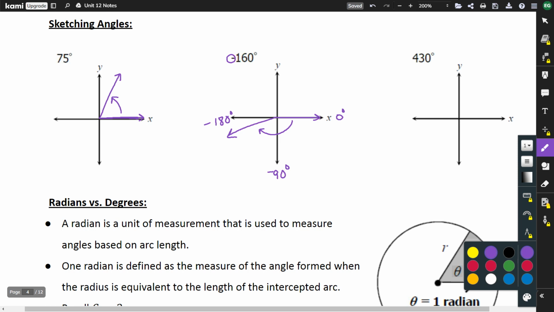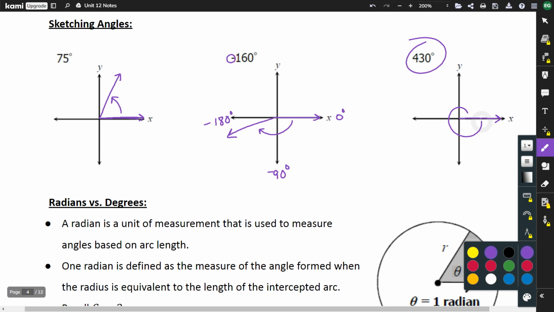Anytime you have an angle greater than 360, that means that we have gone one full revolution around and then some more. So it's positive, so I'm going to start where I always start, and I'm going to go around one full time. As I go around, I know that once I get back here, I'm at 360 degrees. I have to go to 430.